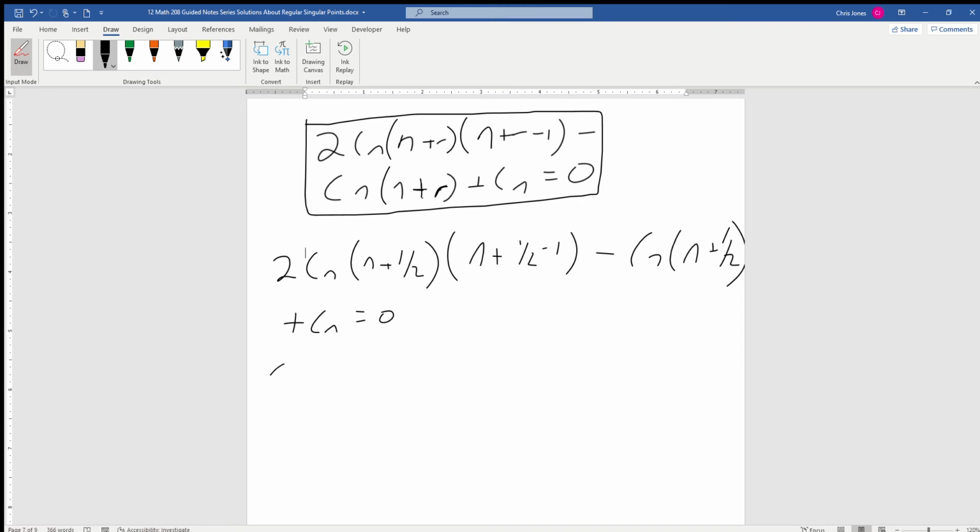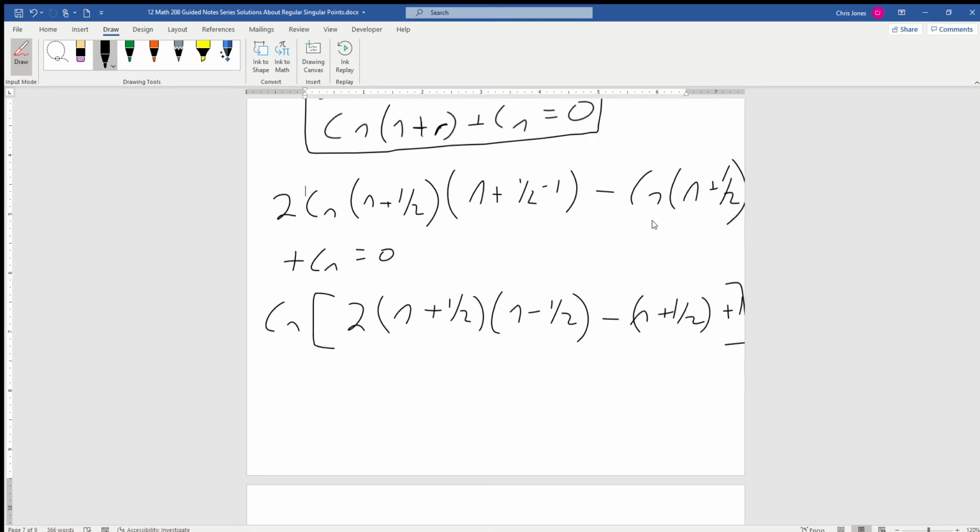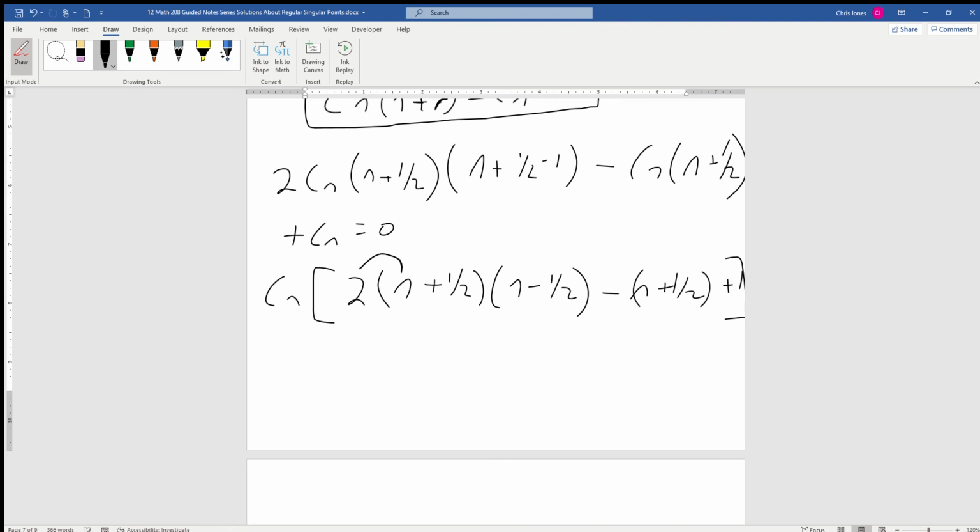So we're going to factor out the c sub n, and that's going to give us 2(n plus a half)(n minus a half) minus (n plus a half) plus 1. A sneaky trick, we can factor this 2 in here to make this a little bit easier on ourselves. By the way, this should be equal to 0. So c sub n is going to be equal to (2n plus 1)(n minus a half) minus (n plus a half) plus 1.